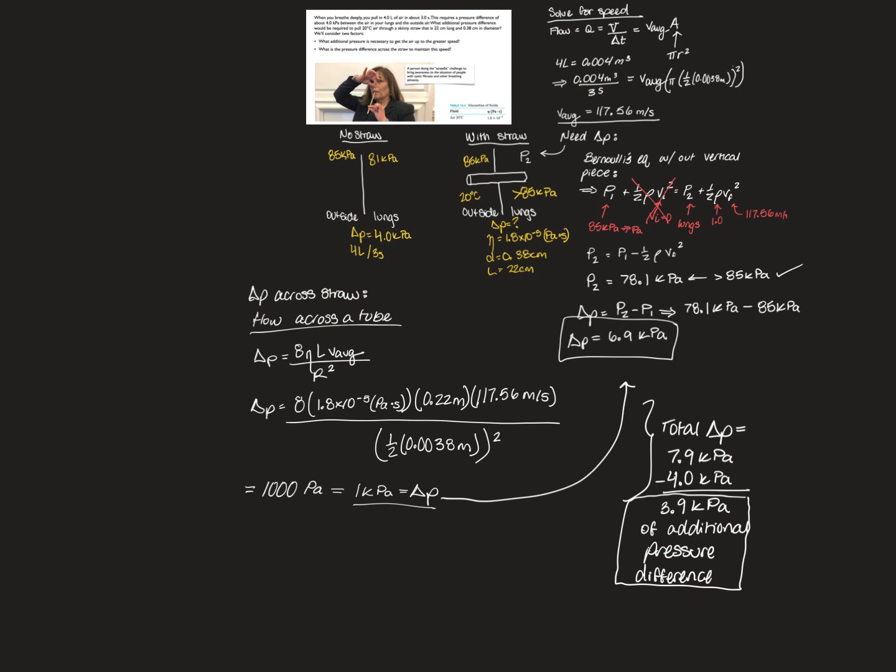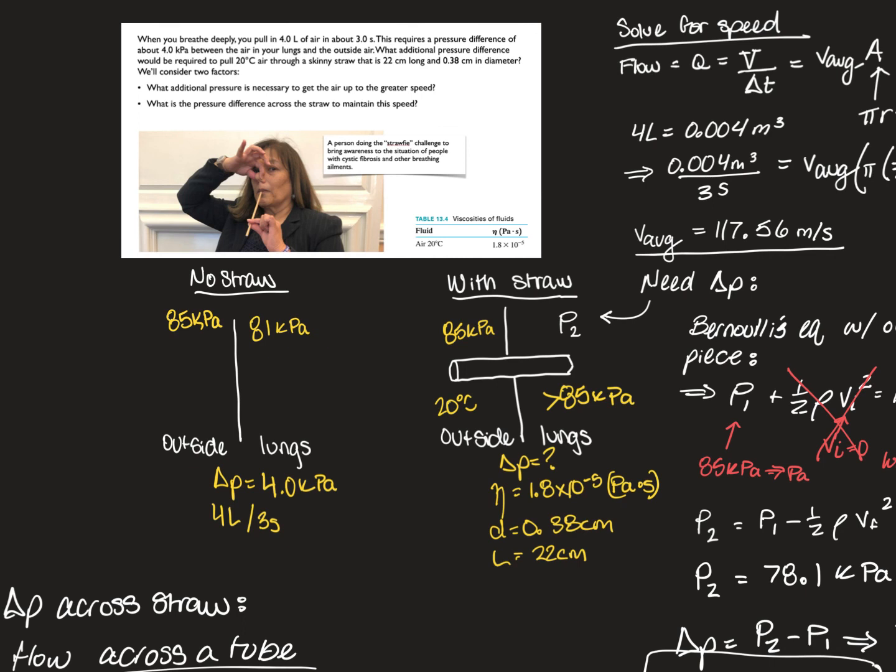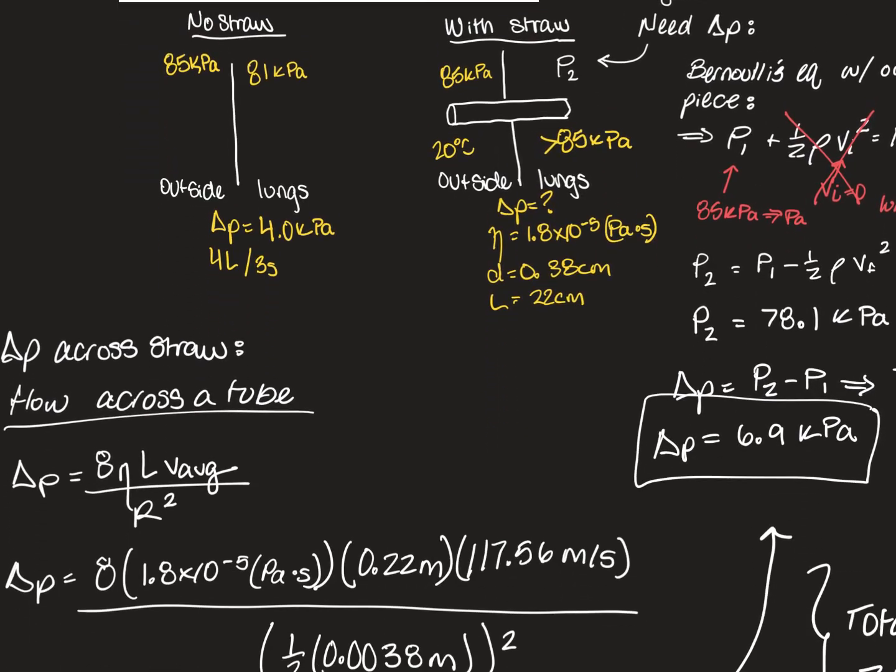So with somebody, like it says, a person doing the Strawfie challenge to bring awareness to the situation of people with cystic fibrosis or other breathing ailments, it's hard for them to get air into their lungs. So this kind of makes sense because it is going to be harder to get air into your lungs when you have that pressure differential that we talked about. So I would say this makes sense.